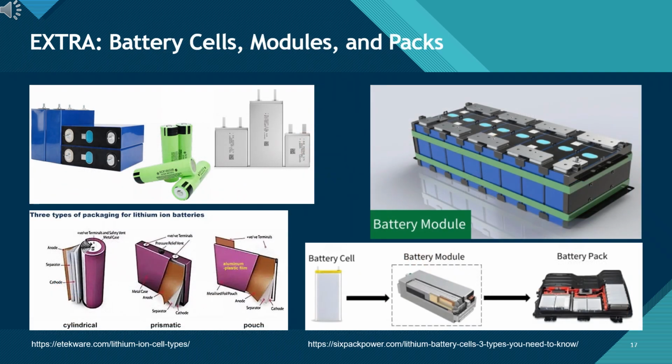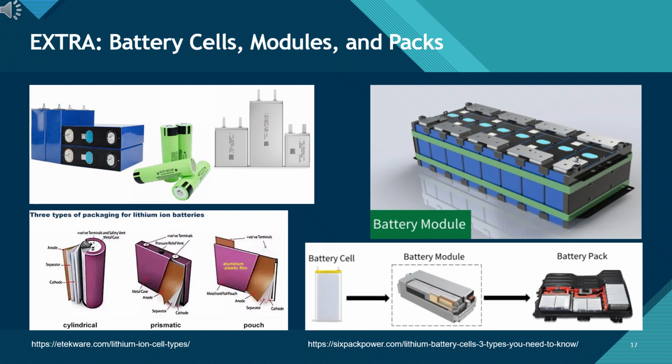This slide presents the final products of the battery manufacturing process: cells, modules, and packs. First, lithium-ion battery cells come in three major formats: cylindrical, prismatic, and pouch types. Multiple cells are combined into a module, and several modules are then integrated into a pack.